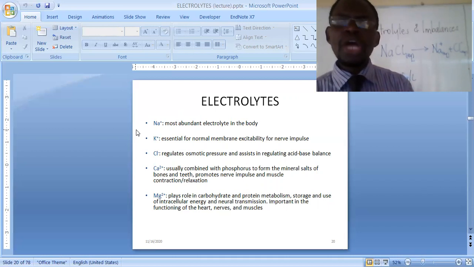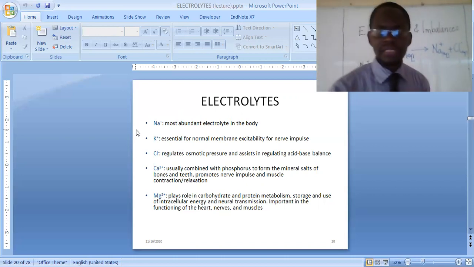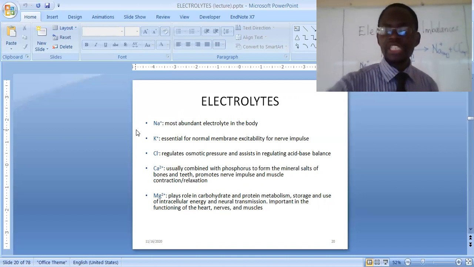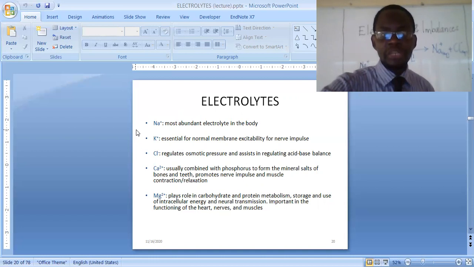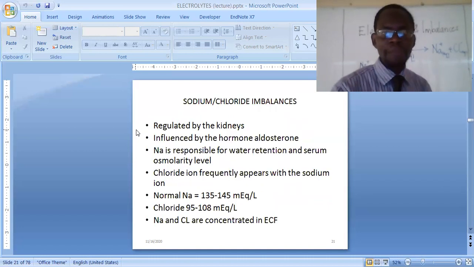We also have chloride and calcium, very important, found extracellular. Calcium is also usually combined with phosphorus to give calcium phosphate, and calcium is very important in bones. We have magnesium, which plays a very good role as far as metabolism is concerned.